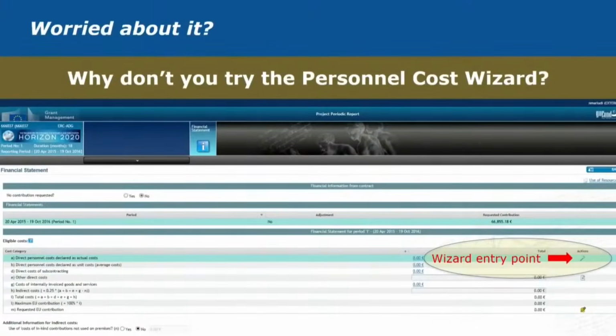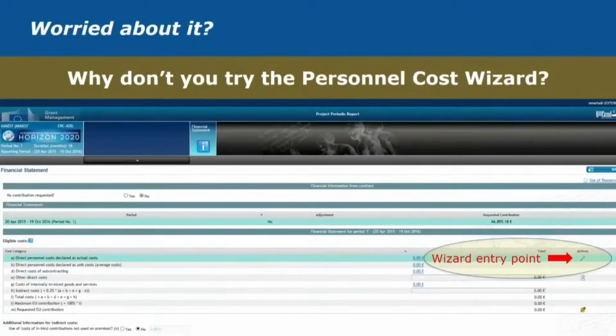After that, you may say, well, still it looks rather complex, and there is a lot of math to make these calculations, and there are the ceilings and the options, and I'm a bit scared of making mistakes and having to pay back later on. That's dangerous.